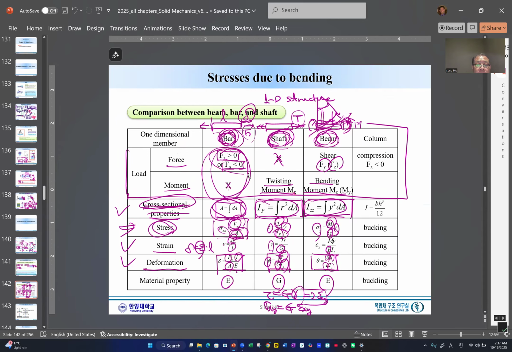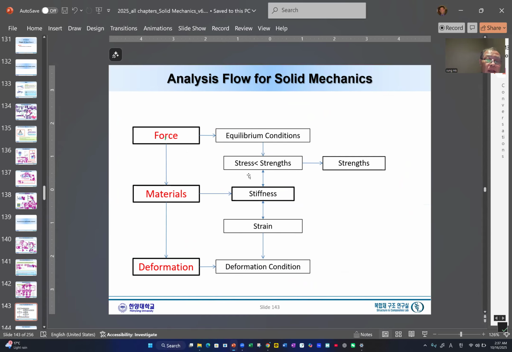With all this understanding, this also covers the force in beam theory. The force we apply is the moment, and equilibrium is the moment, integral of y sigma x dA, and the stress is the strain times Young's modulus. This is a material property. And now the deformation is that this strain is given as what?